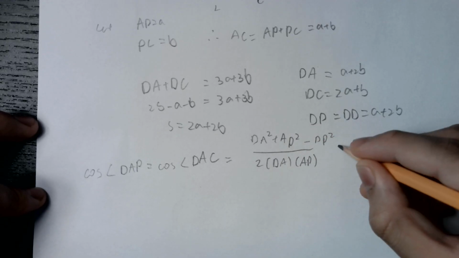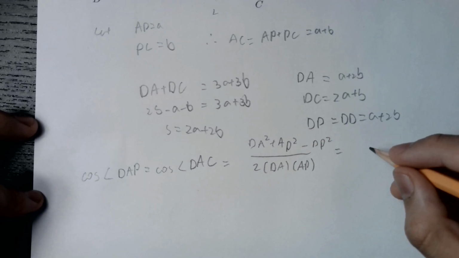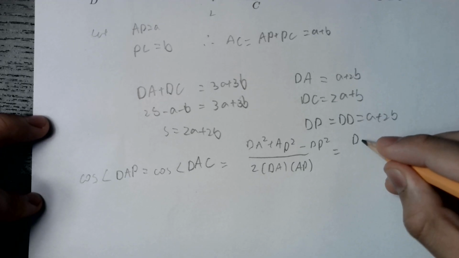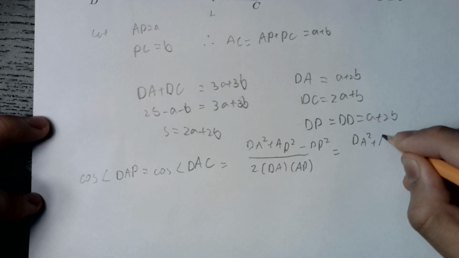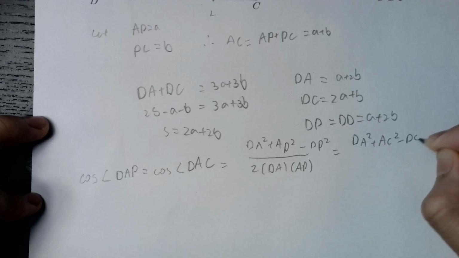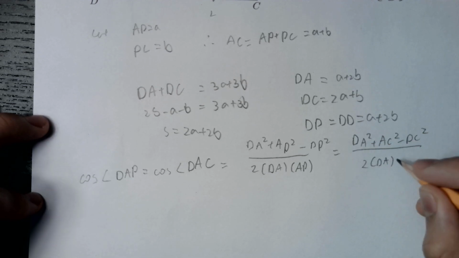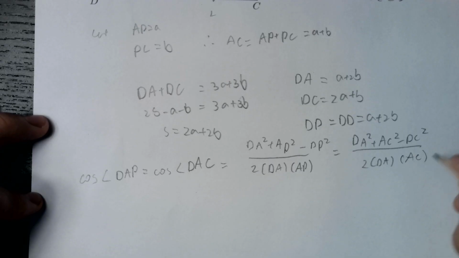And then we'll repeat the same thing with cosine DAC, right? So this is going to be equal to DA squared plus AC squared minus DC squared divided by 2 times DA times AC.